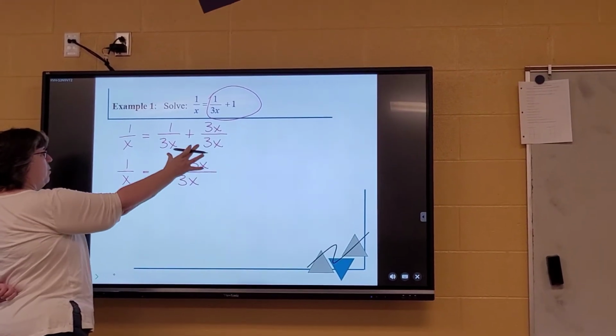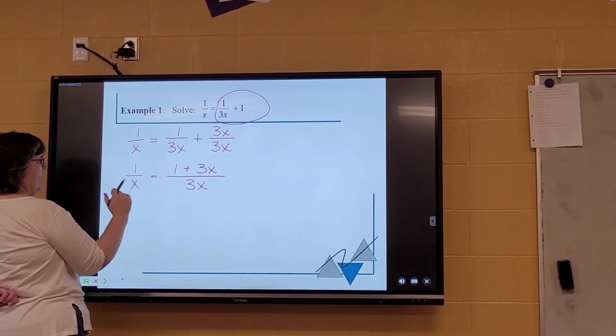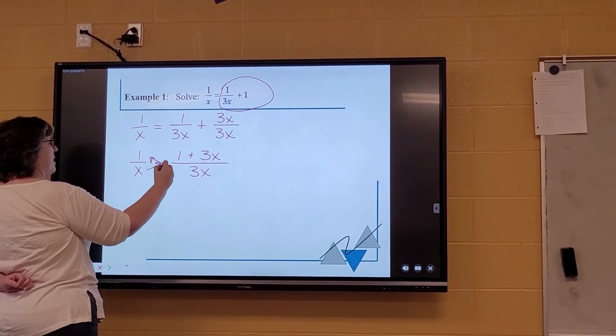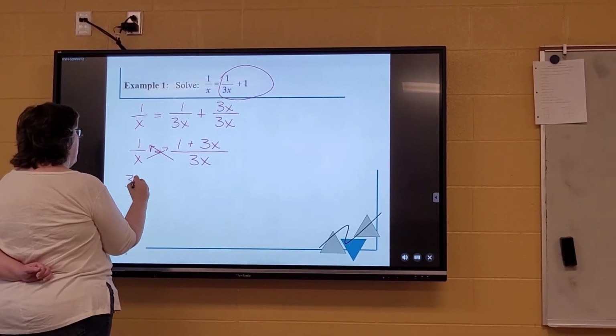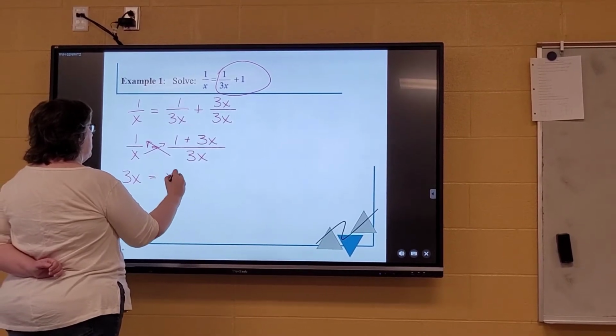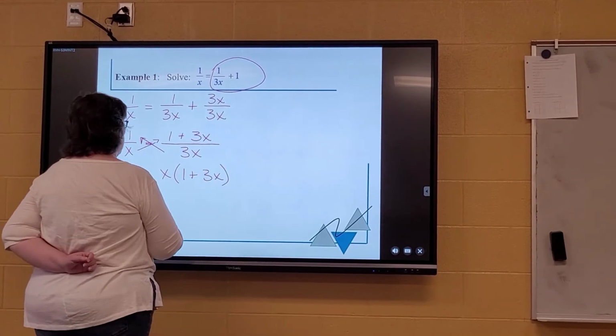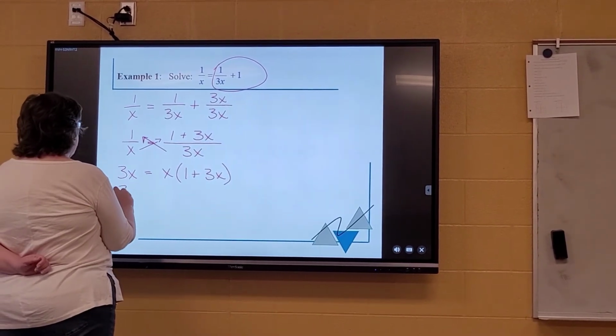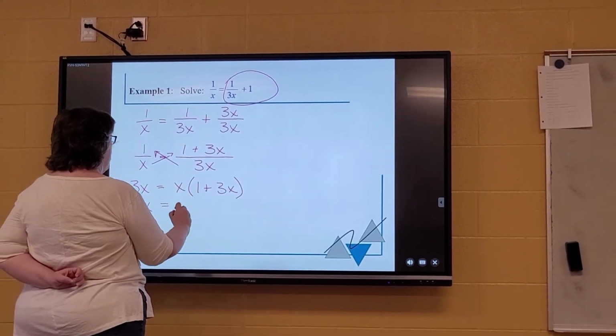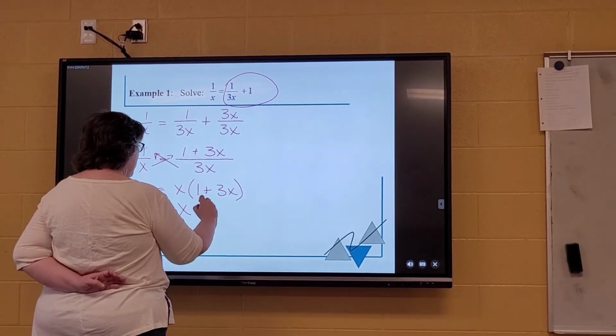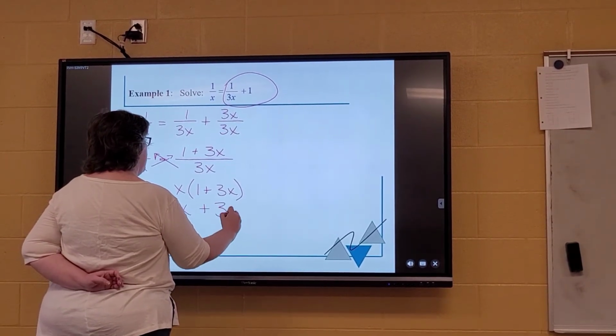And now I've got one big fraction here and one fraction here, and I'm going to cross multiply. So I get 3x is equal to x times 1 plus 3x. And I'm going to simplify. So I'm going to use my distributive rule to get rid of the parentheses.